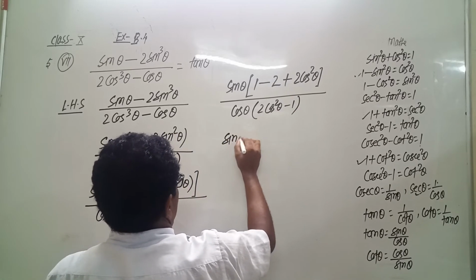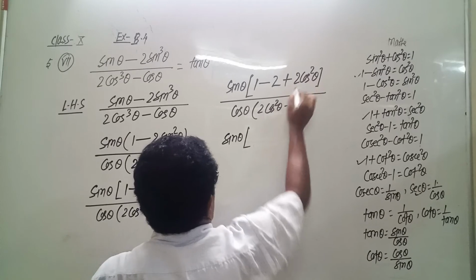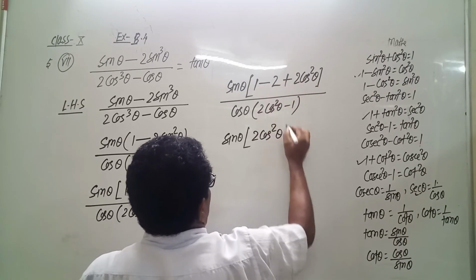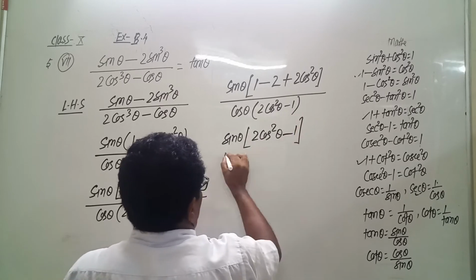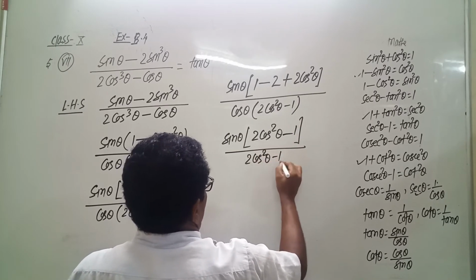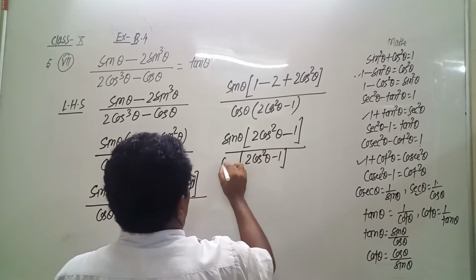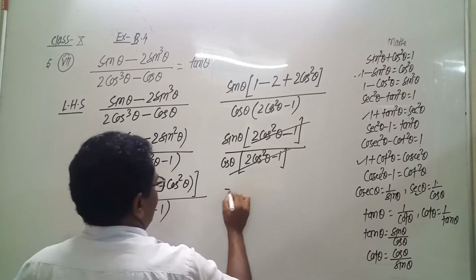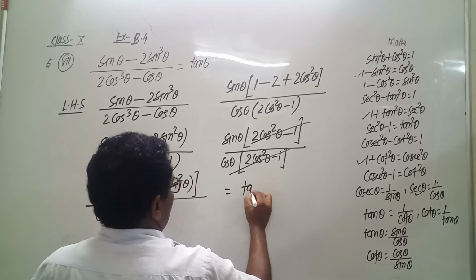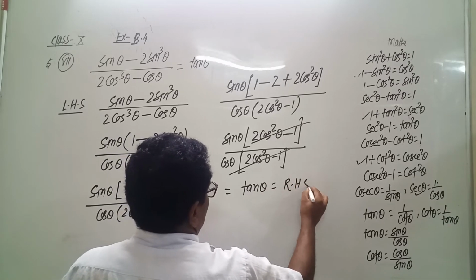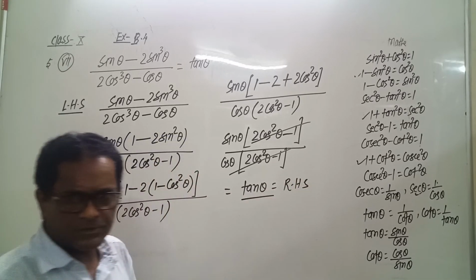So sin theta, this 2 cos square theta as it is, and 1 minus 2, we get minus 1. And in the denominator there is also 2 cos square theta minus 1 and cos theta. So 2 cos square theta minus 1 cancelled, and we get sin theta by cos theta, written as tan theta, which is our RHS.